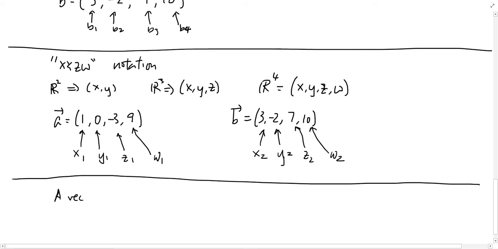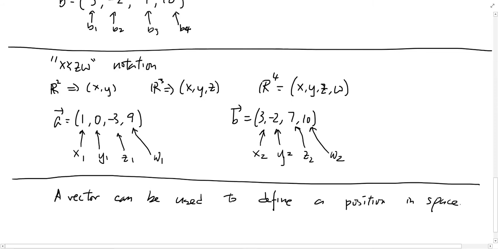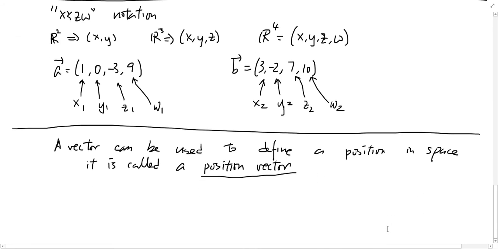If a vector can be used to define a position in space, and when you do that, this vector has a name, it is referred to as a position vector. So a position vector is used to identify a position in space.